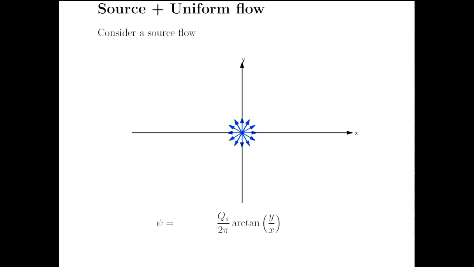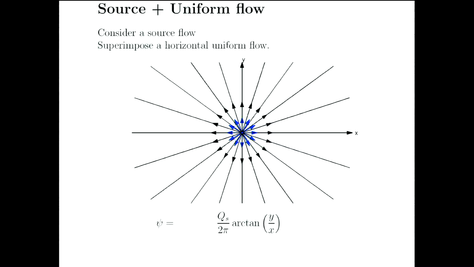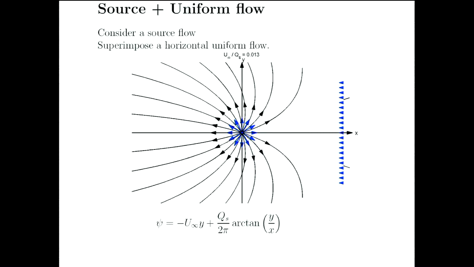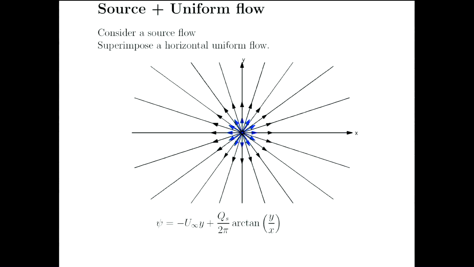Right. So now we're going to look at a different type of flow. So let's say we have a source and a uniform flow. So a stream function for a source, you already know what that is, right? That's just Qs over 2 pi arctan y over x. Okay. And now if I add a horizontal uniform flow, and my flow is from right to left, therefore my stream function for that uniform flow is going to be negative u infinity y.